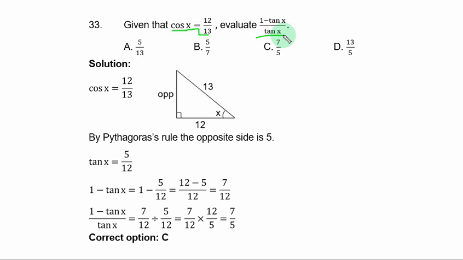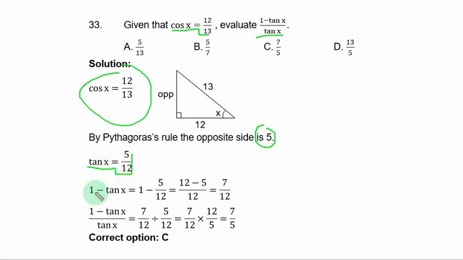So you have to use the information about cosine to do that. So you draw a right angle triangle with the acute angle S. This is opposite. You have adjacent and hypotenuse. By Pythagoras rule, the opposite side is 5. You can now define tan S as 5 over 12.